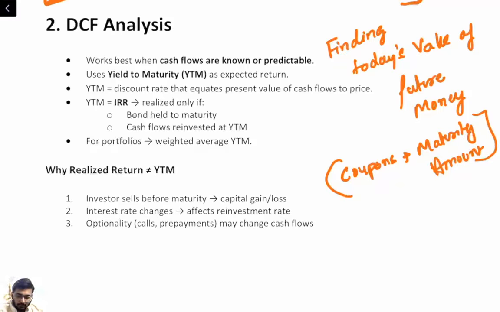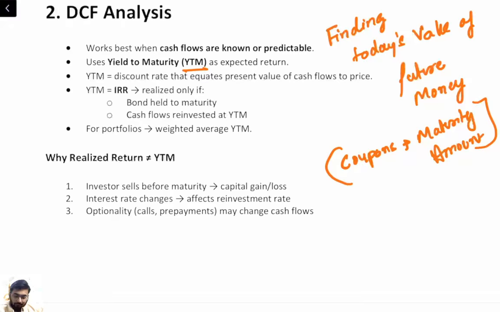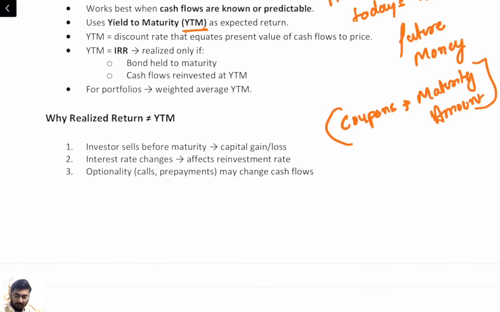Clear? Over here, one more term is introduced, YTM, that is yield to maturity. So the present value of all the future cash flow is equal to the bond's current market price. You can write it down. What is YTM?